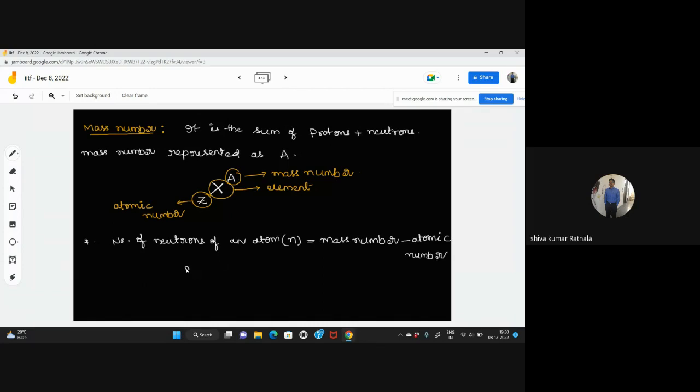That is, number of neutrons n equals mass number A minus Z. That means mass number A equals n plus Z. Okay. Next.